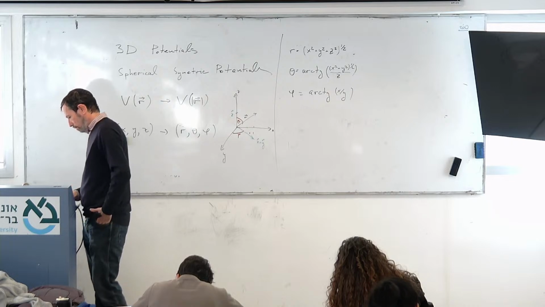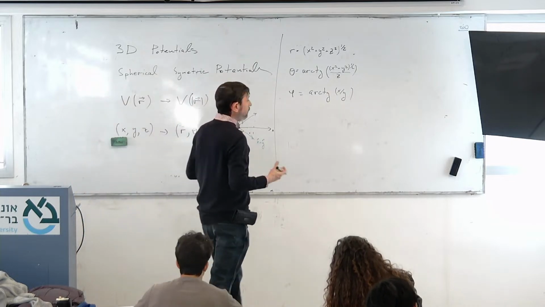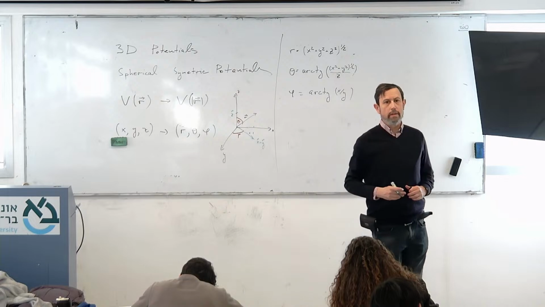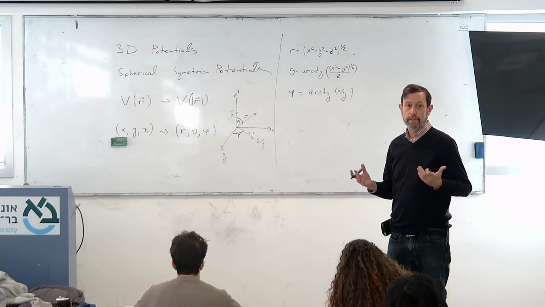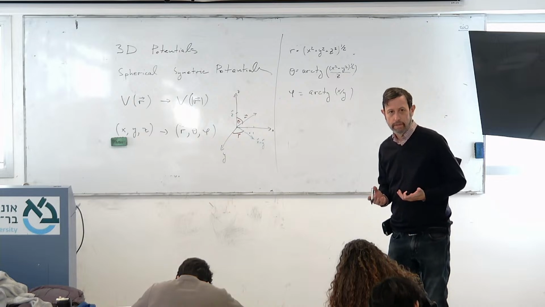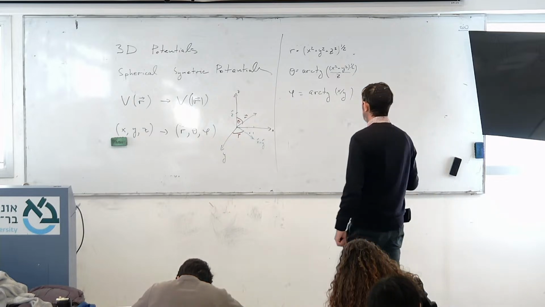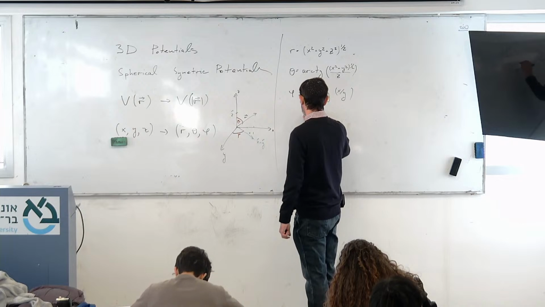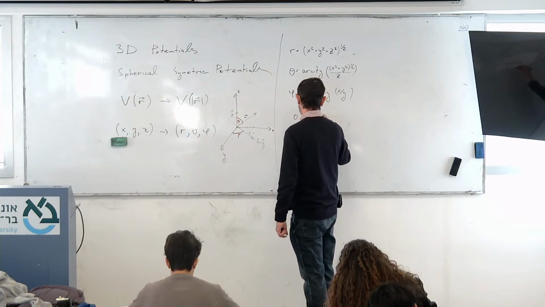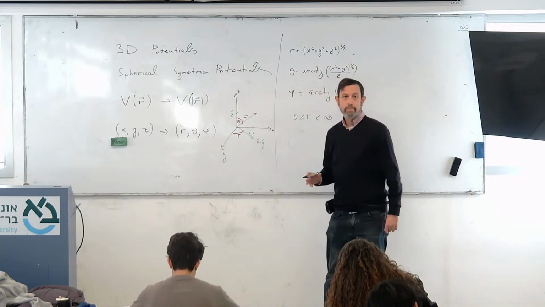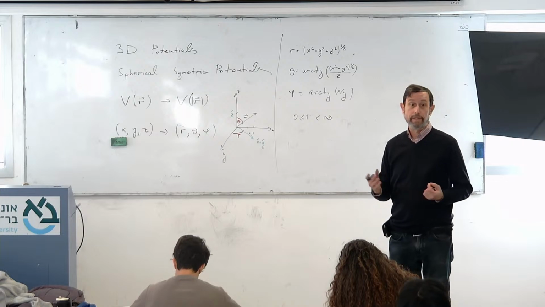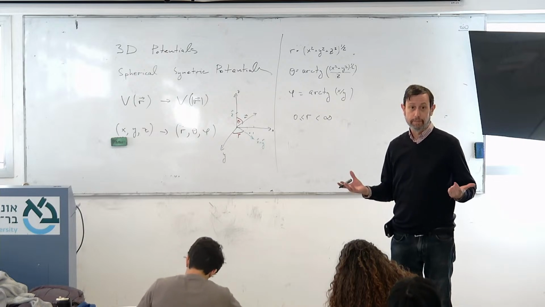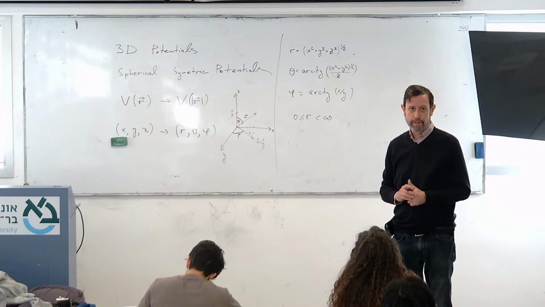Okay, so while x, y, and z could receive any value between minus infinity and infinity, here R has values between 0 and infinity. The shortest distance is 0, or a positive number.